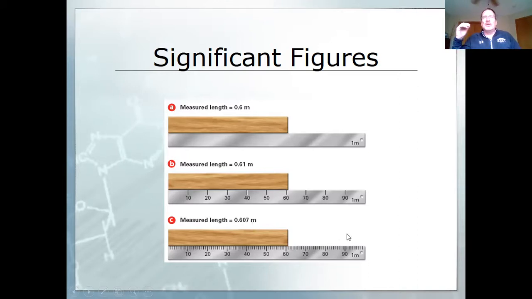So whether you're using a ruler, a balance for mass, or a graduated cylinder for volume, whatever you're using, when you finish all the math, you must round your answer to match the least accurate tool you were using, to match those digits that you got off of that tool.